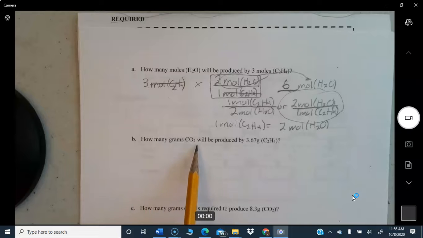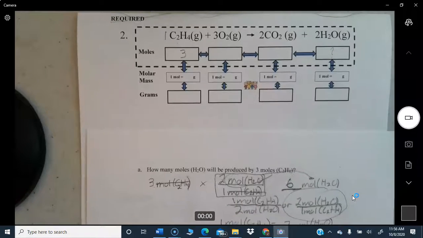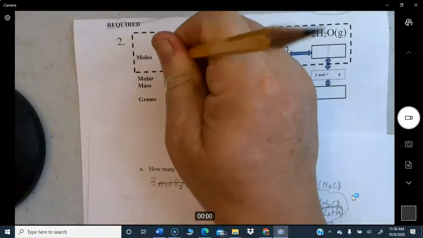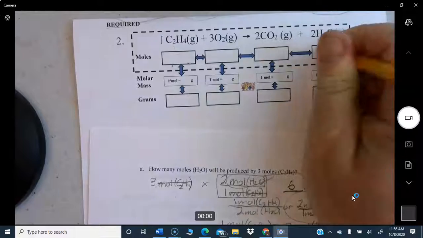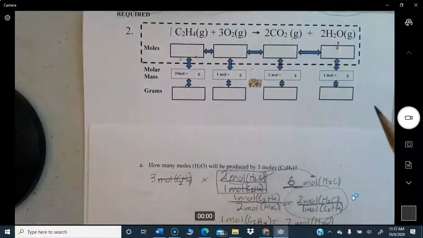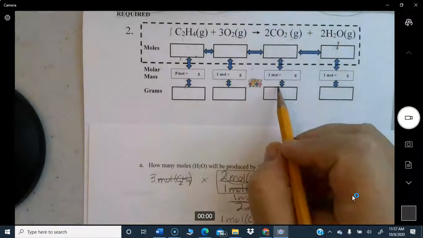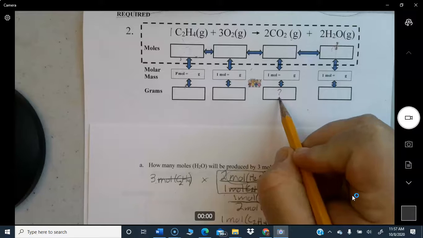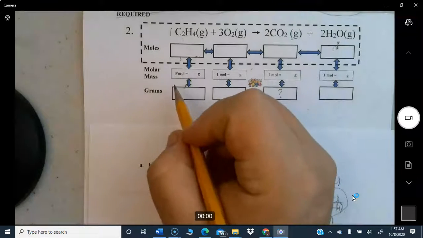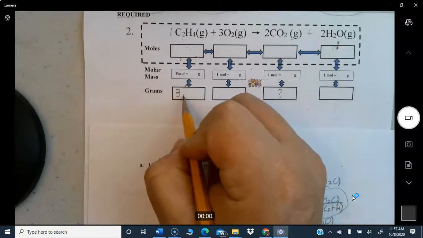How many grams of CO2 will be produced by 3.667 grams of C2H4? So grams, how many grams of CO2? So here's CO2, grams is down here in our world, and we're going to start with 3.67 grams of C2H4.